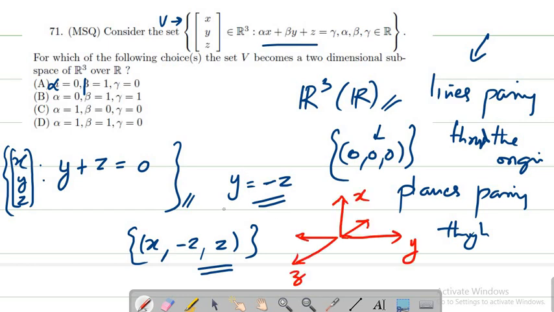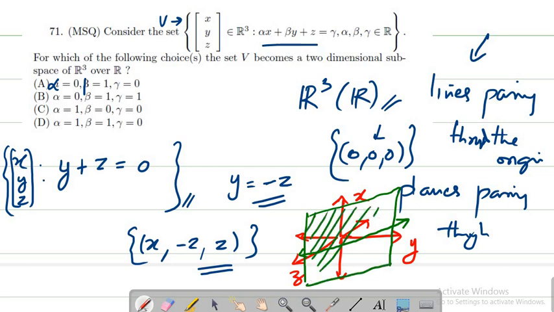If you draw this three-dimensional space, suppose y and z are the positive y and z axes, then y plus z equal to 0 is something like this plane, and x can be anything. So you can think of a plane like this. So this is basically a plane, and it's passing through the origin.